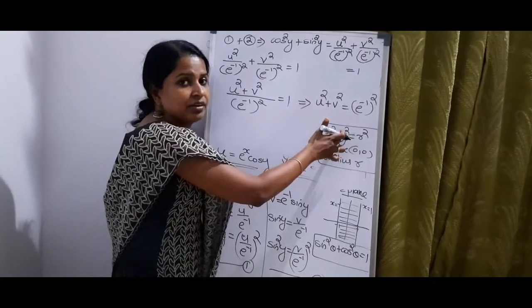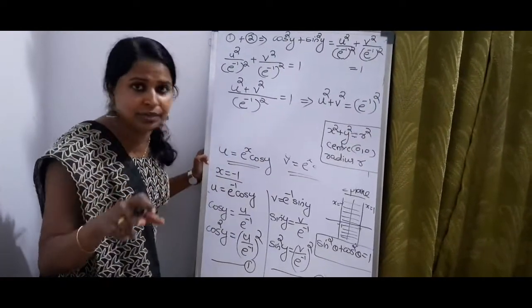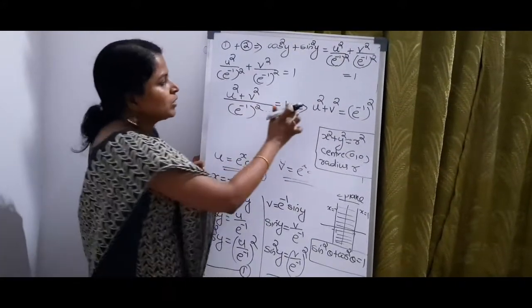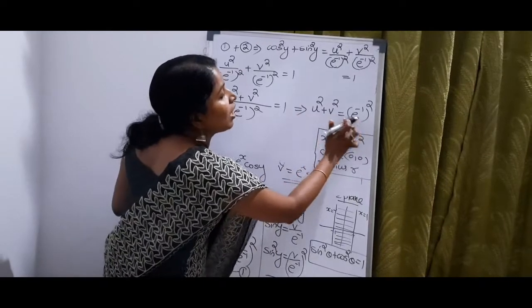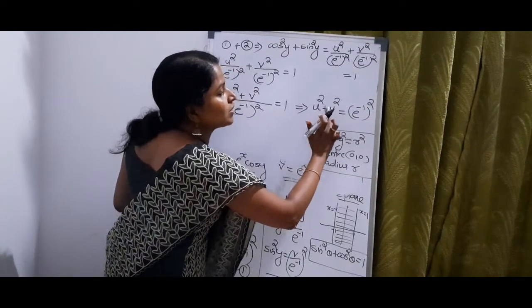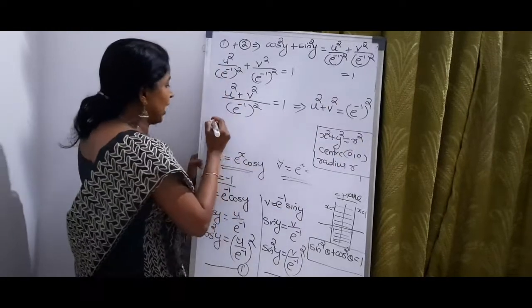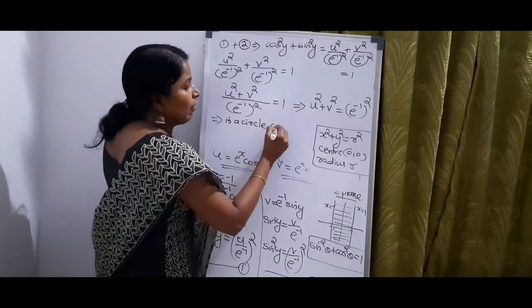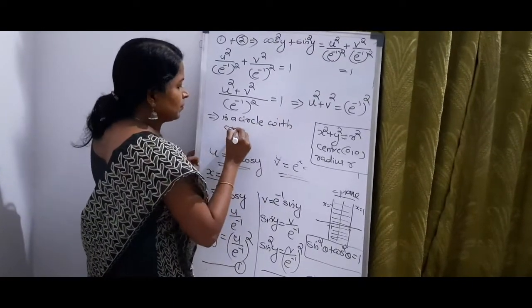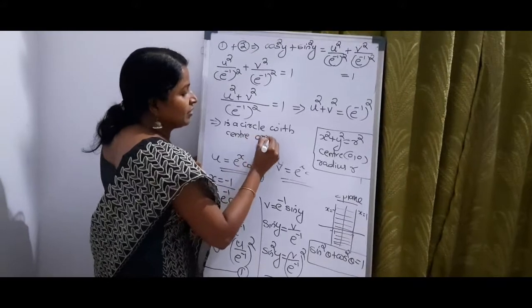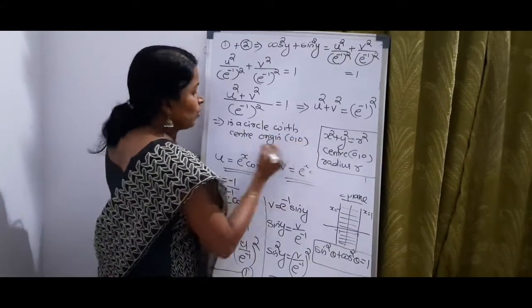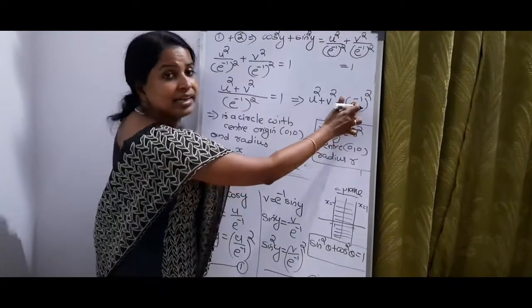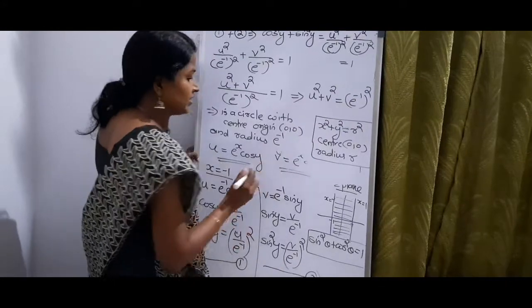Here y is the imaginary axis in the z plane, and v is the imaginary axis in the w plane. So u² + v² = r² is of the same form, which implies a circle with center origin (0, 0) and radius e^(-1).